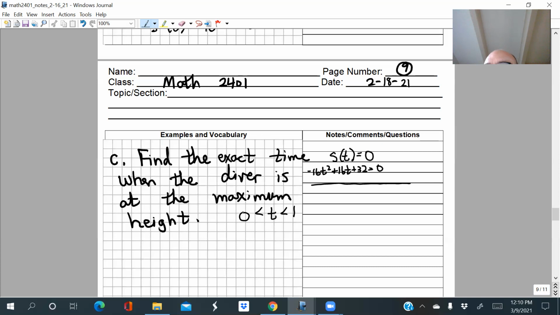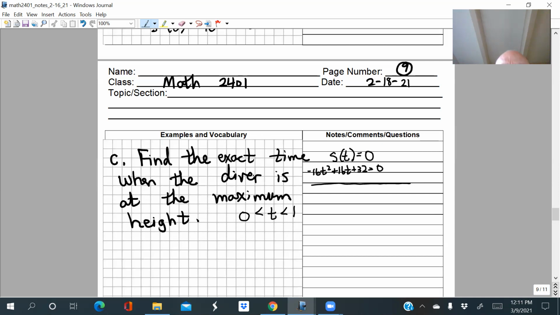So at that very brief instant when it reaches its maximum height, what is its velocity? 0, right, because its rate of change is switching from positive to negative. It's going up and then it's going down.